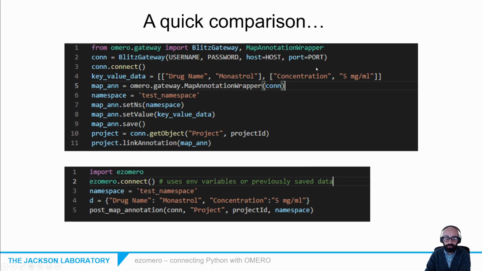It's very powerful, but it can be hard to use if you're starting out, and it can be pretty verbose. In this example, we're creating a new annotation attached to a project, and it takes 11 lines of code and a lot of stuff using the default API. With our ezomero API, it's significantly simplified.